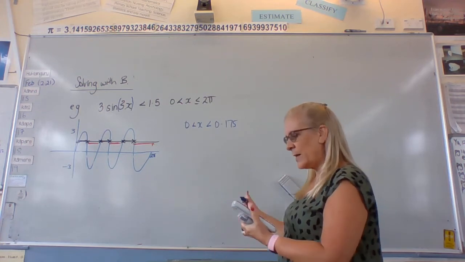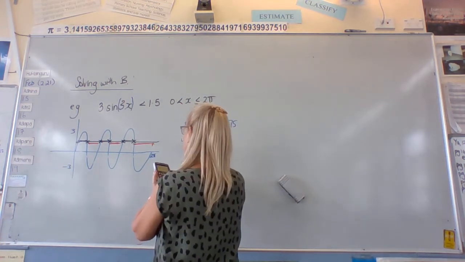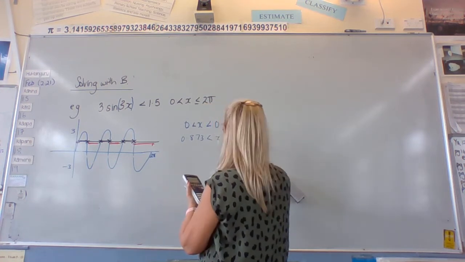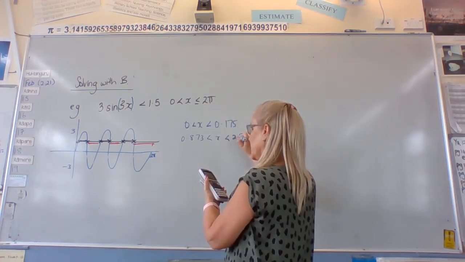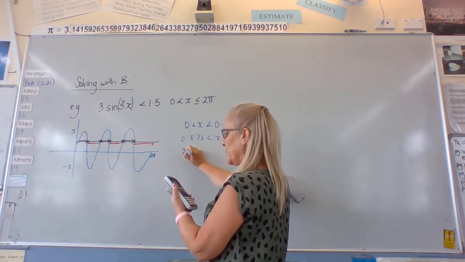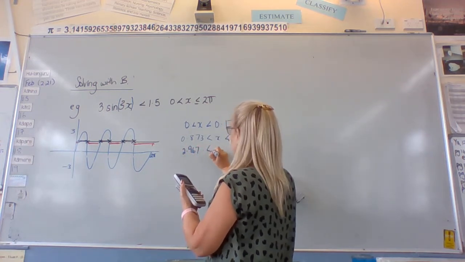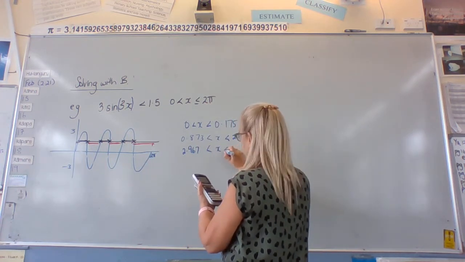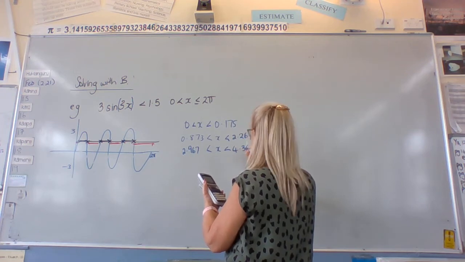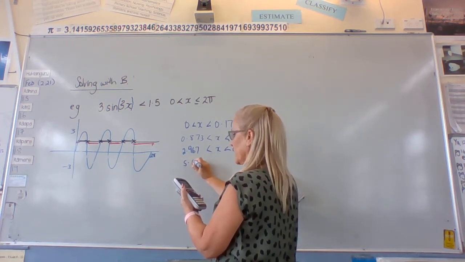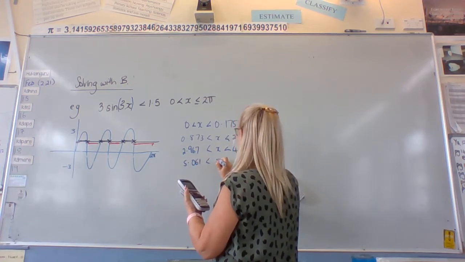Right, so keeping going, we've got 0.8732, 2.269, 2.967, 4.363, and 5.061 to 2 pi.